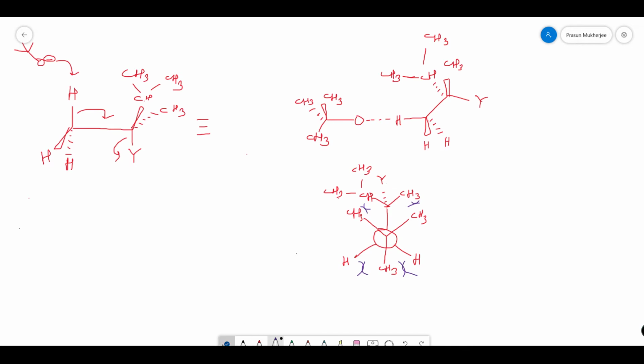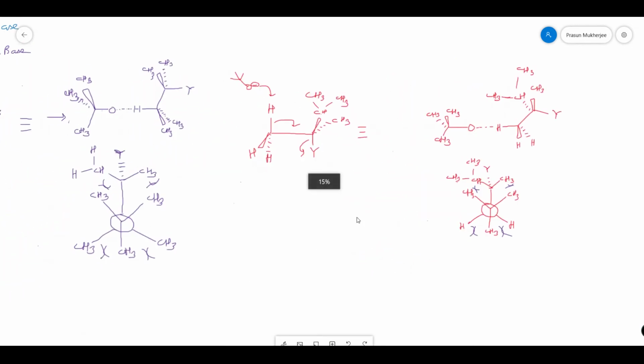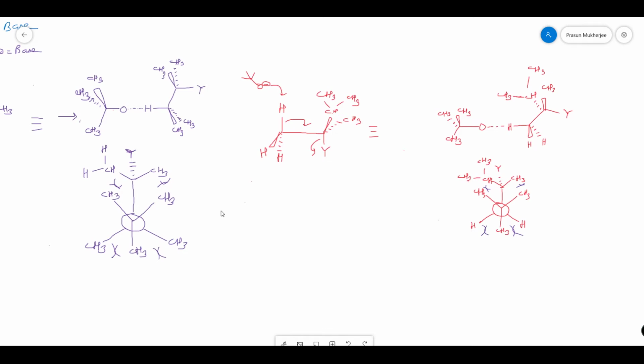So if we compare these two situations, this transition state looks sterically more crowded than this transition state. Obviously there is no repulsion in these two positions, but in these two positions there are steric interactions.